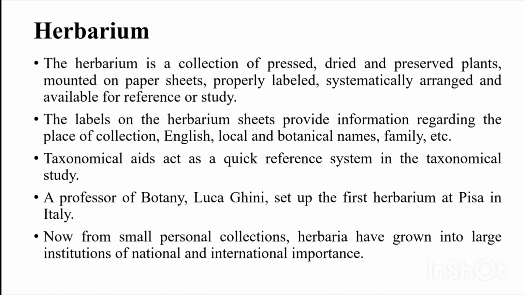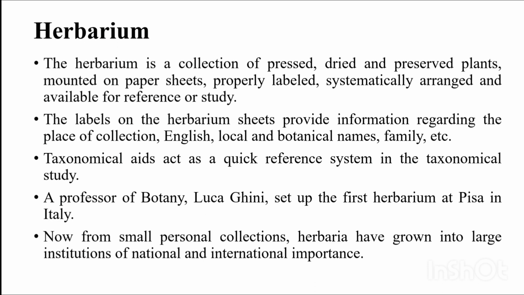Then the herbarium. It is a collection of pressed, dried and preserved plants, mounted on a paper sheet, properly labeled, systematically arranged and available for reference and study. The labels on the herbarium sheet provide all the information regarding the place of collection, English, local, then botanical name and family.